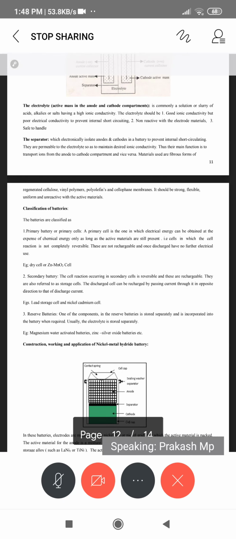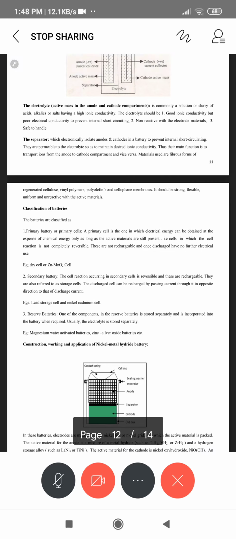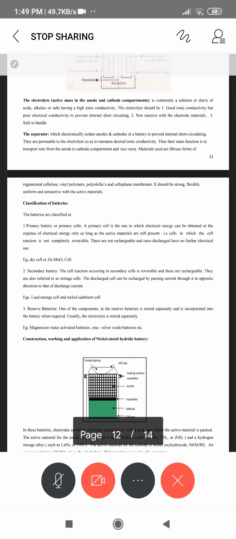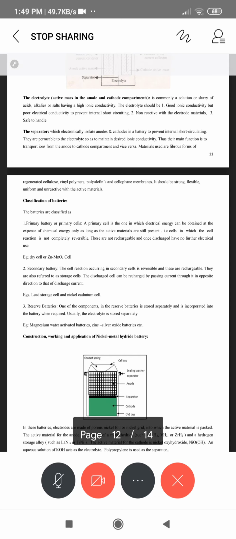It should not react with the electrolyte, the cathode, or the separator. Easy fabrication also, so we can bend and convert it into any shape and size. It should not be brittle.